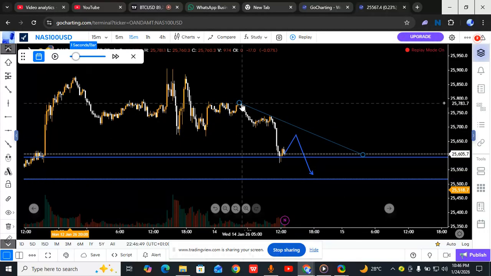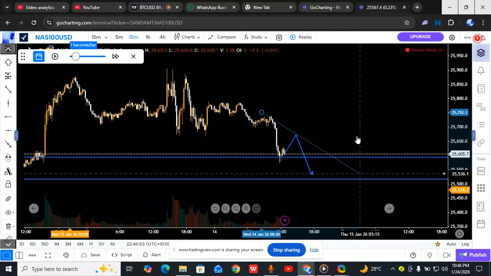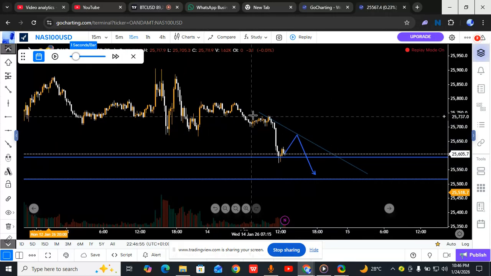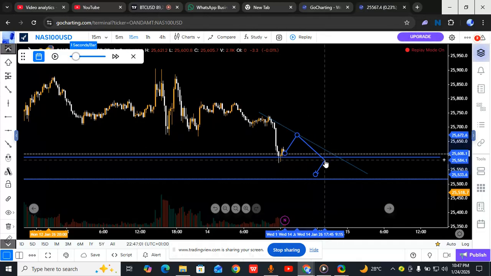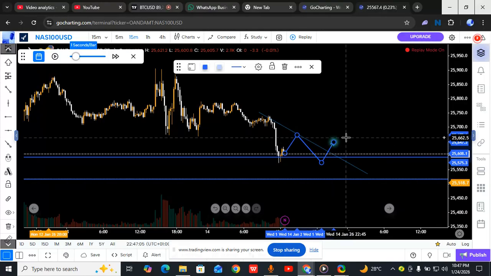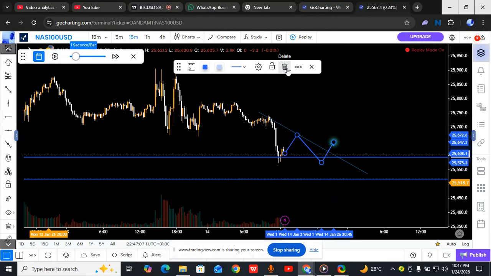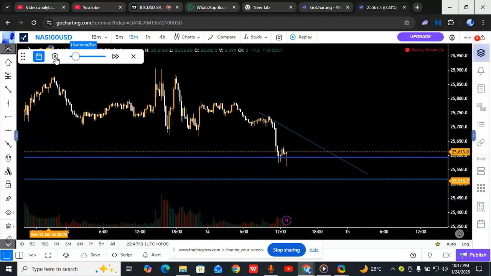Then you basically just adjust your trend line from these two lower highs. You can see that the trend line adjusts itself. So what you are looking for now is a breakout above this level. Once you see price closing above this trend line, we'll take a buy position and aim for one-to-one. So let's see what happened there.